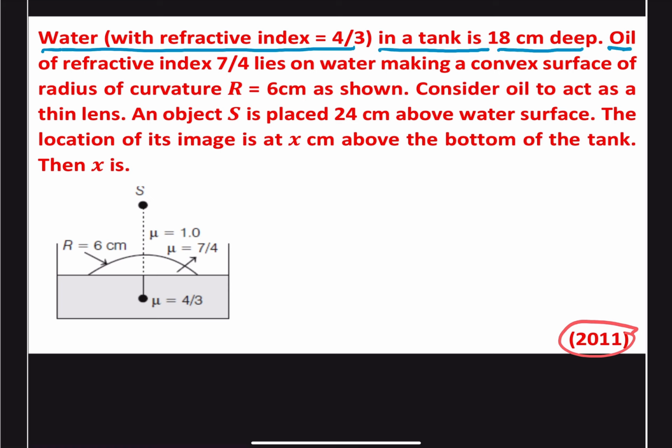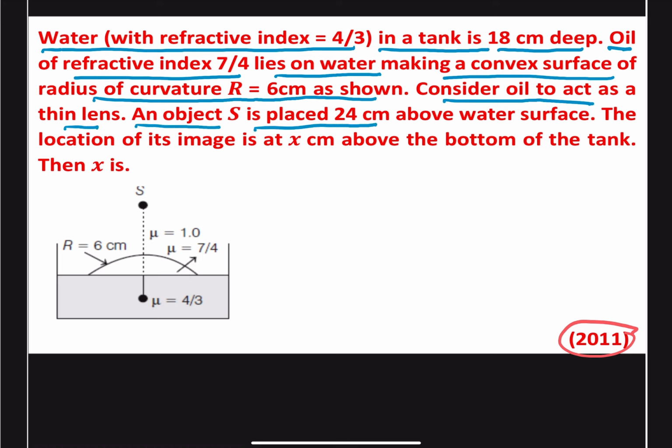Oil of refractive index 7 by 4 lies on the water, making a convex surface of radius of curvature R equal to 6 centimeter as shown. Consider oil to act as a thin lens. An object S is placed 24 centimeter above the water surface. The location of the image at x centimeter above the bottom of the tank, then x is.